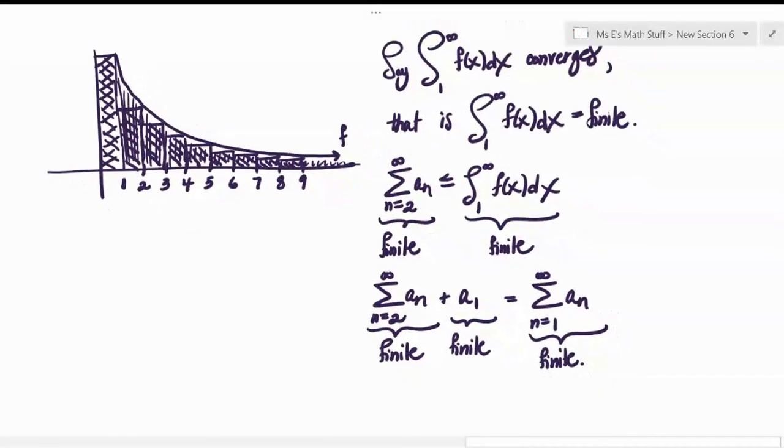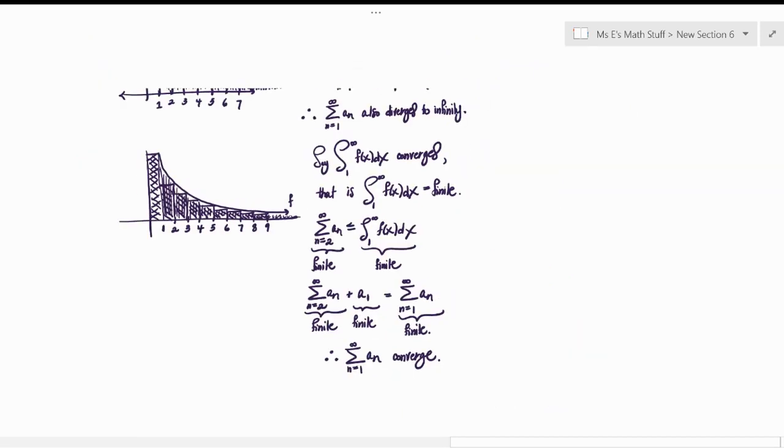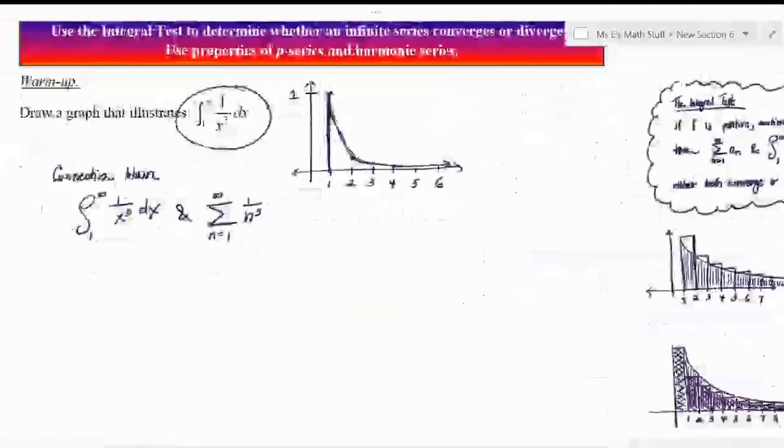And so there's the argument. Therefore, if the improper integral converges, then the related sum will also converge. Oh my goodness, isn't that fun? And it's easy to remember, right? Whatever the integral does, the sum does as well.